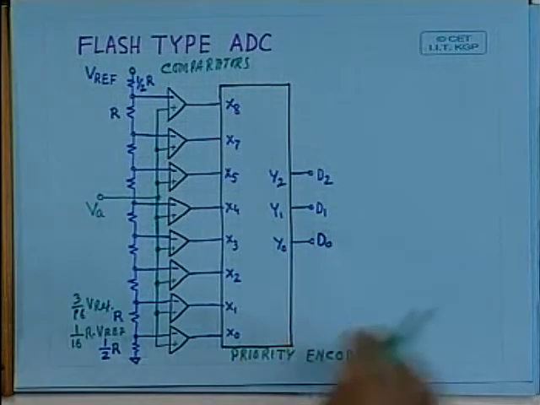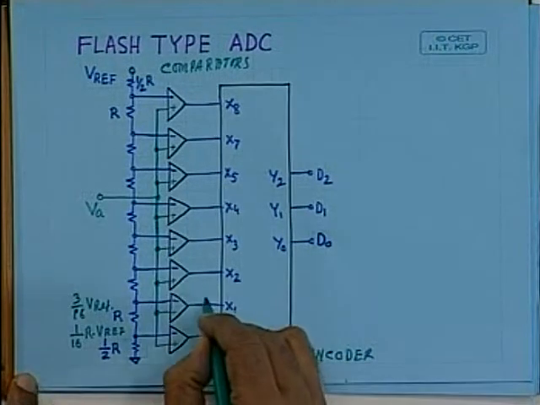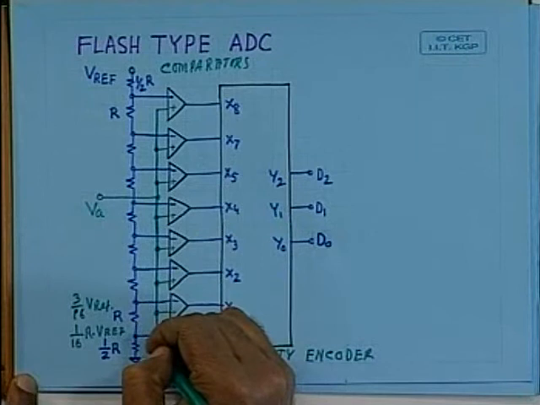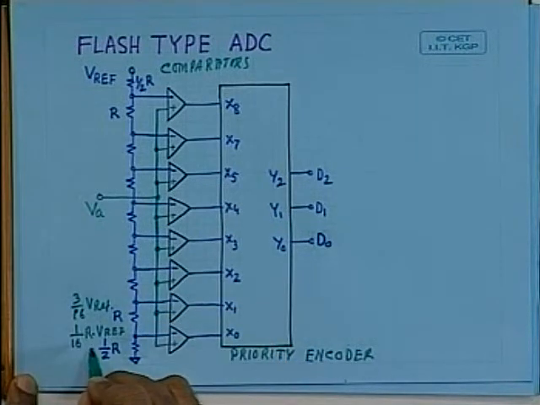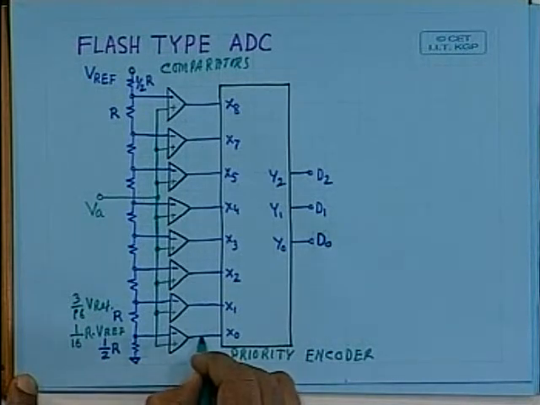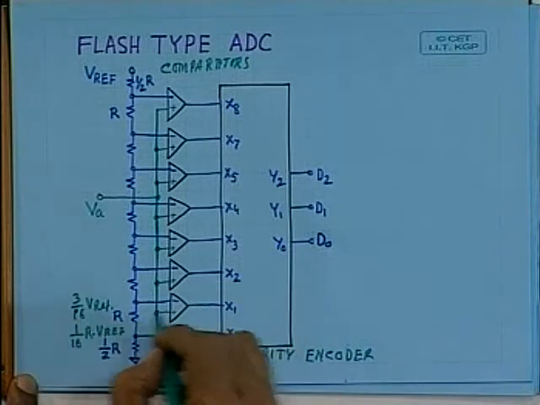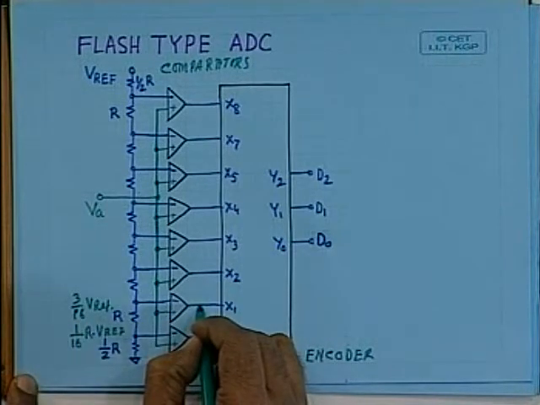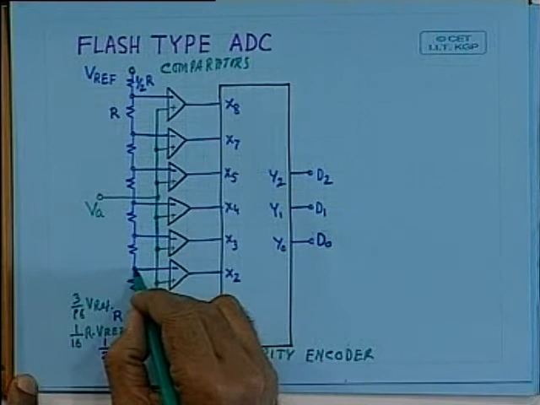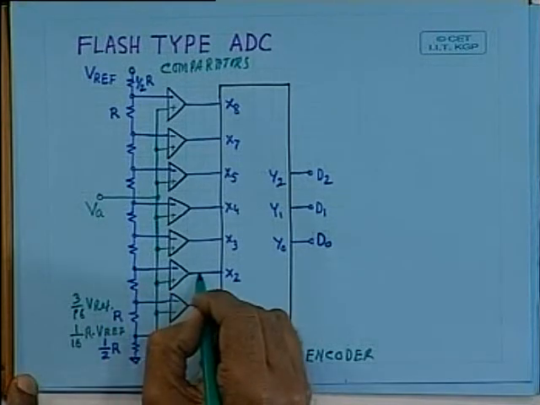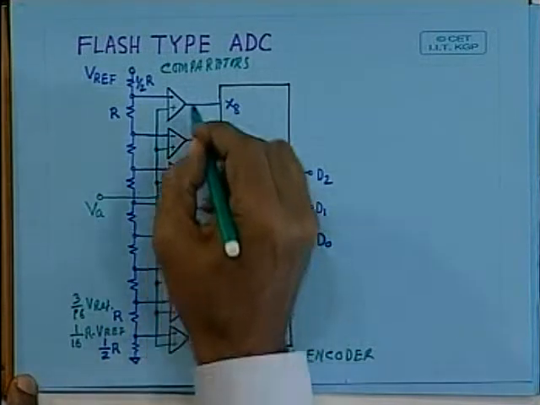Now let us see what will be these outputs for different input values. Whenever the voltage is above 1/16th of the reference voltage, this will become 1. Whenever this is above 3 by 16th of the reference voltage, this will become 1. Whenever the input voltage is more than 5 by 16th of the reference voltage, this will become 1, and so on.